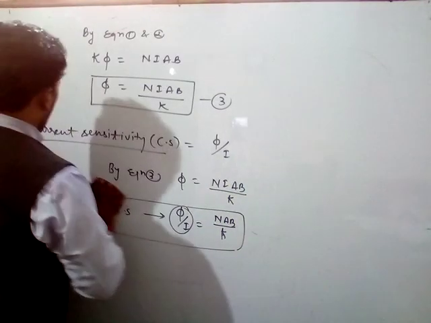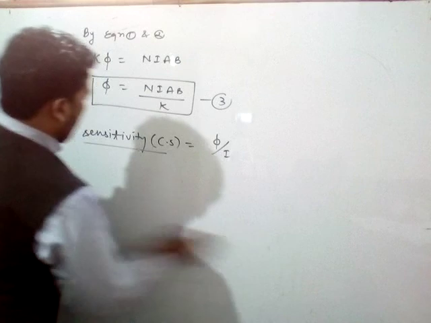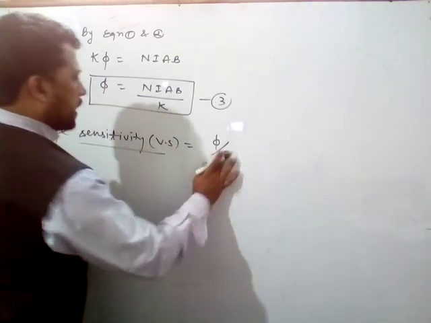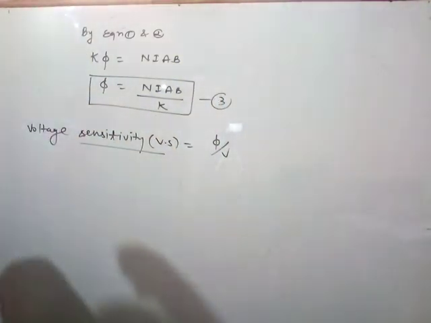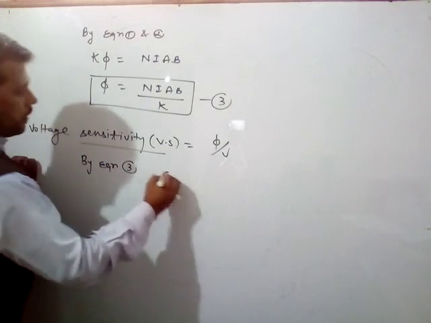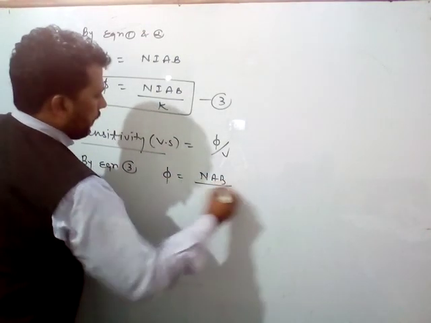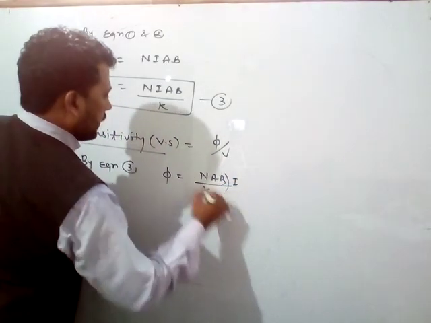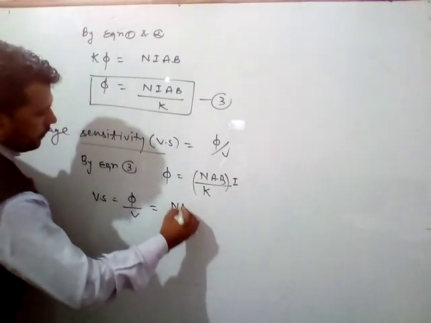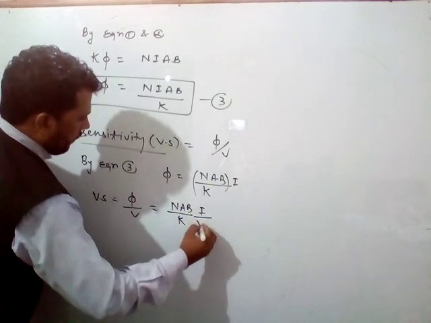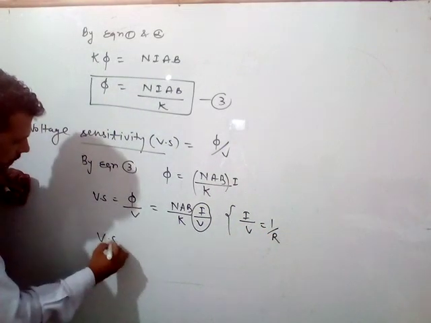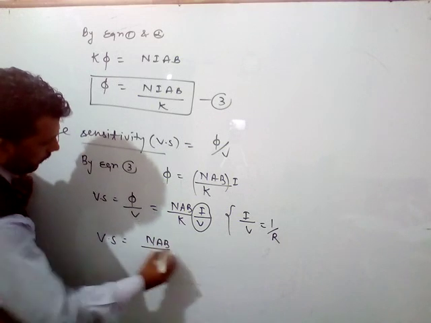Now let me discuss voltage sensitivity, Vs, which equals phi by V. By the third equation, phi equals NAB upon k, so voltage sensitivity Vs equals phi upon V, which equals NAB upon k times I upon V, and I by V equals 1 by R. So voltage sensitivity equals NAB upon kR.